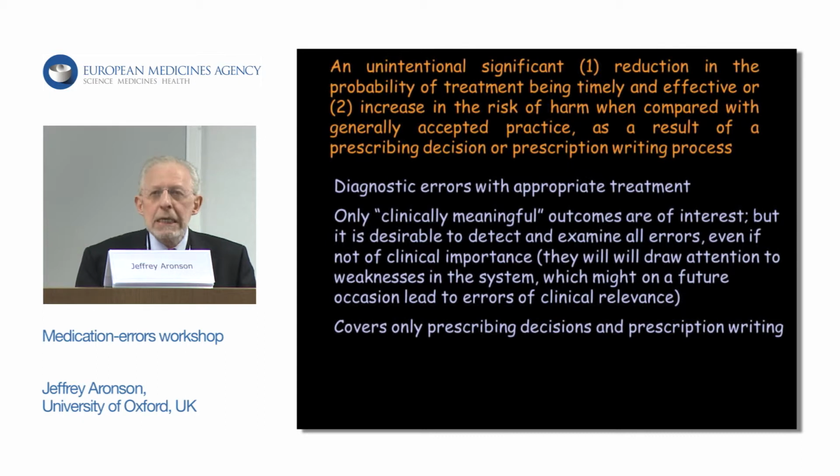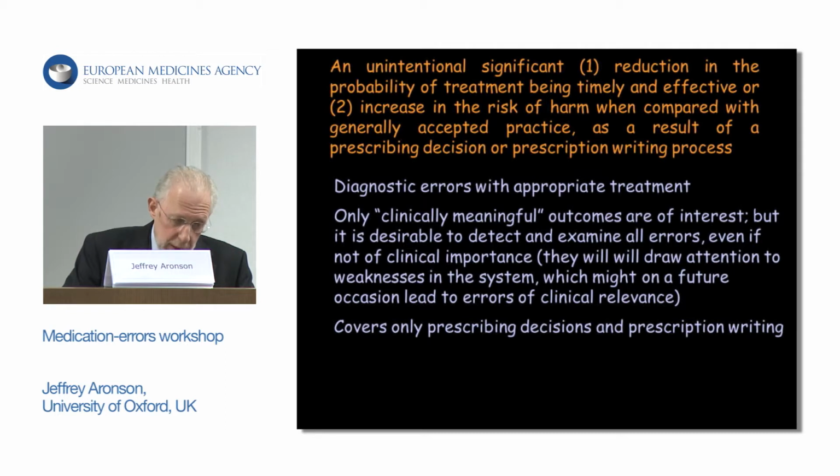But the problems are, firstly, that it includes diagnostic errors that are appropriately treated. That wouldn't be a medication error, but it would be a diagnostic error and should be properly classified as such. It also restricts errors to clinically meaningful outcomes. But as we all know, it's important to log errors even if there is not a harmful outcome. The benefit-harm balance may or may not be affected, but the fact that an error has occurred is important because it may mark the propensity for an error on another occasion.